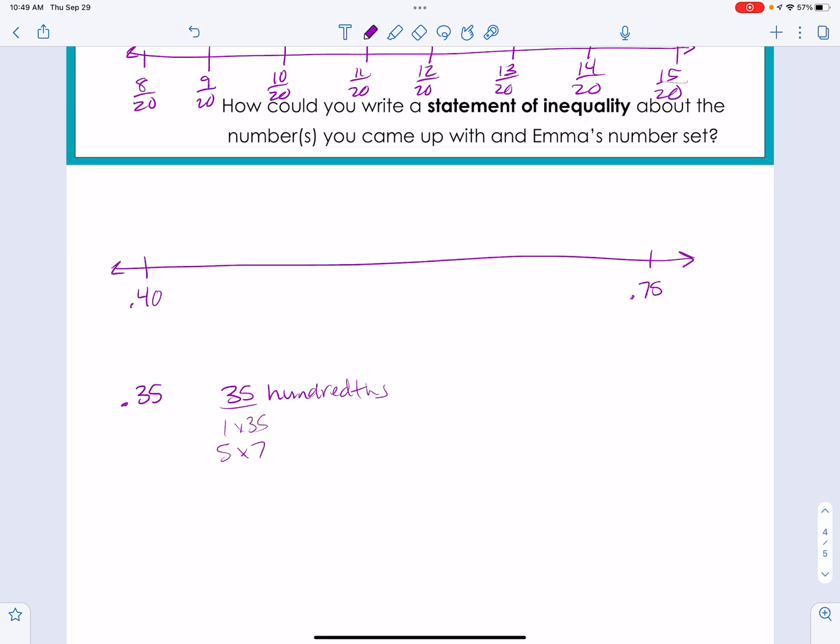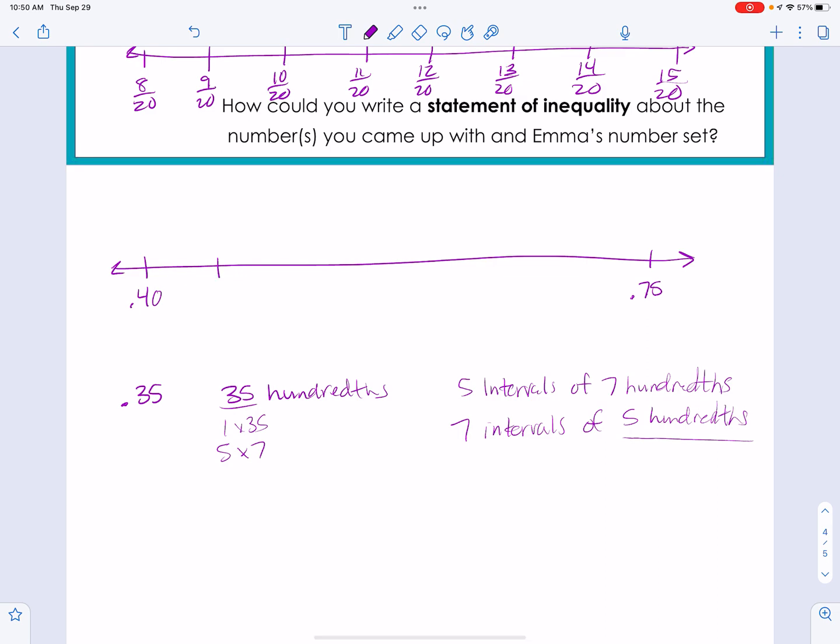So we could do 5 intervals of 7/100, or we could do 7 intervals of 5/100. And typically, you want to pick an interval that's a more friendly number. It's much easier for me to count by 5s, so I'm going to go with 7 intervals of 5/100.